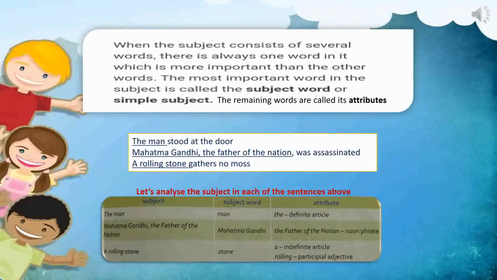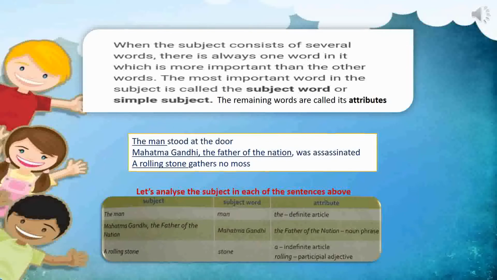In the second sentence, the subject is Mahatma Gandhi, the father of the nation. Here the most important word is Mahatma Gandhi, so it is taken as the subject word, and the remaining words, the father of the nation, the noun phrase, is the attribute to the subject word.